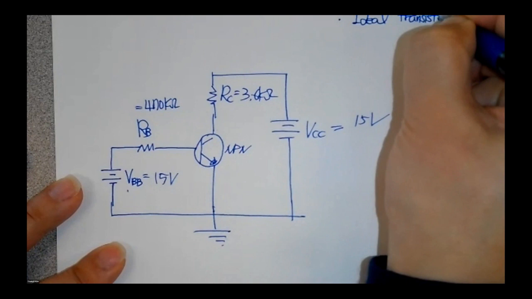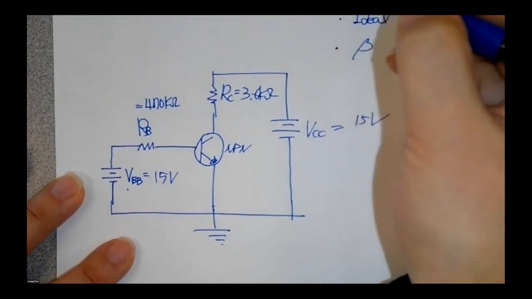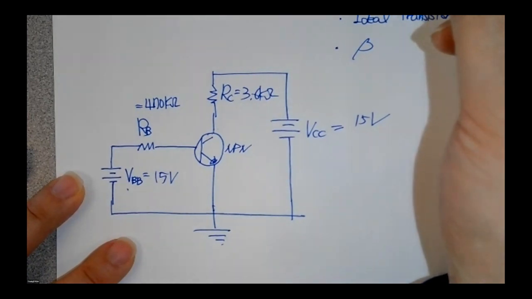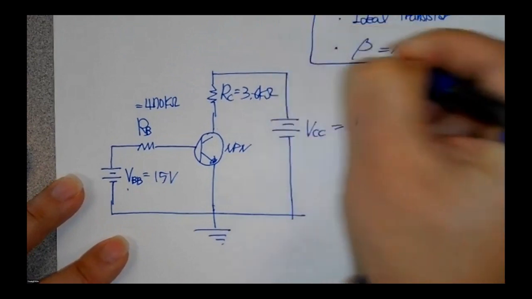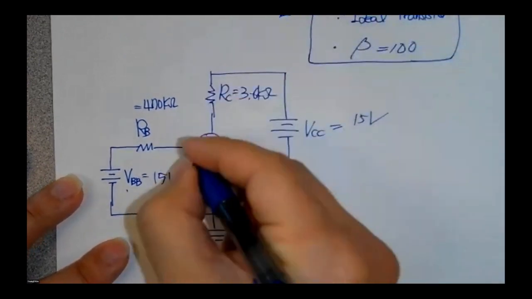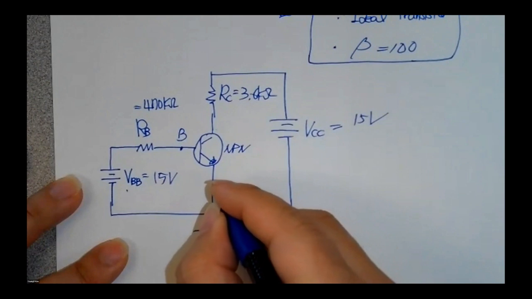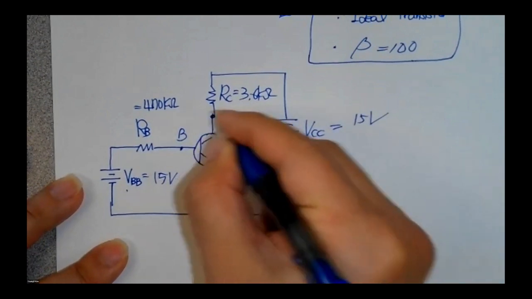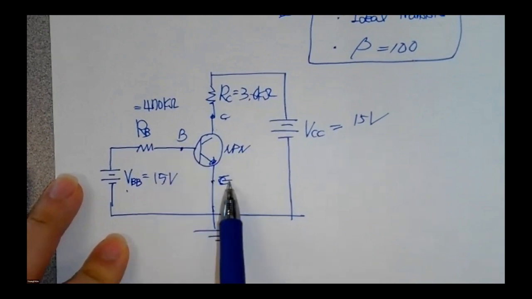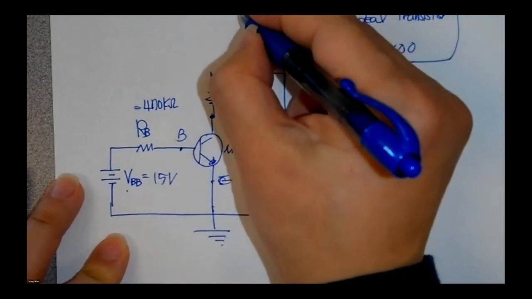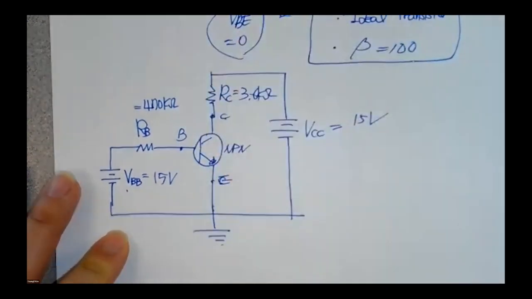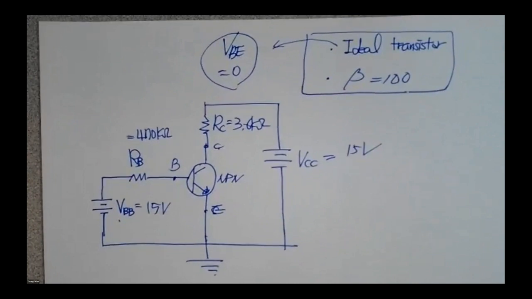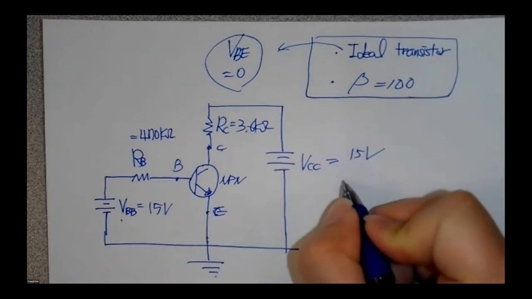But for this case, the ideal transistor, and the beta is 100. Okay, but keep in mind the ideal transistor means this is the C point collector, base, the emitter. The ideal transistor means V sub BE is going to 0. So the question is the same thing.